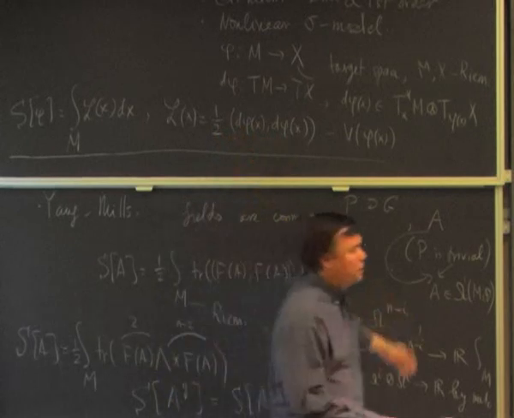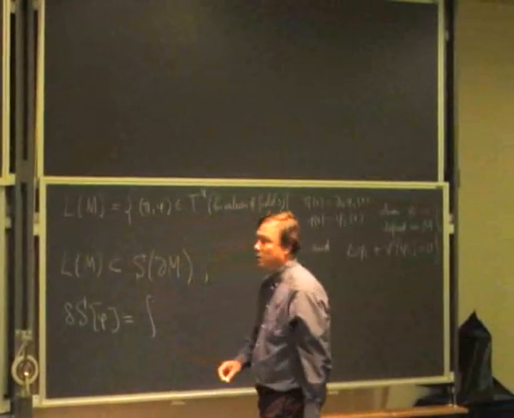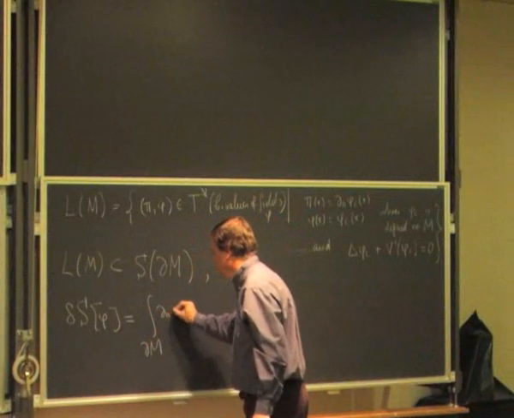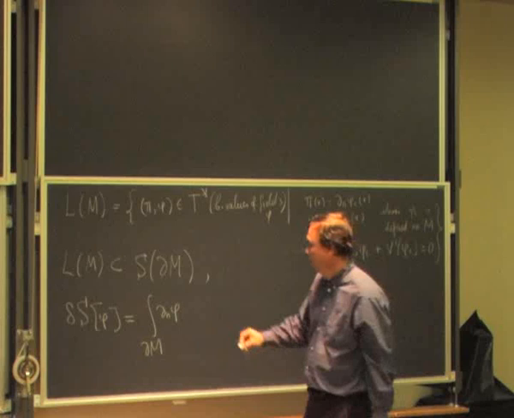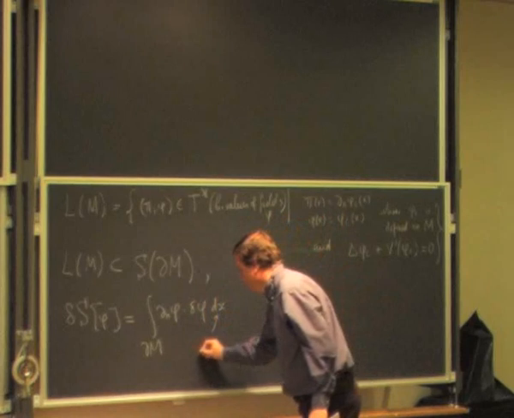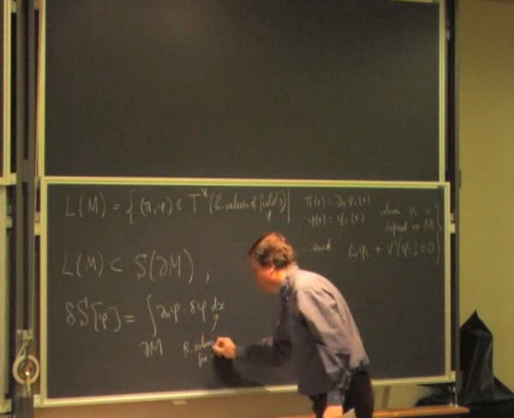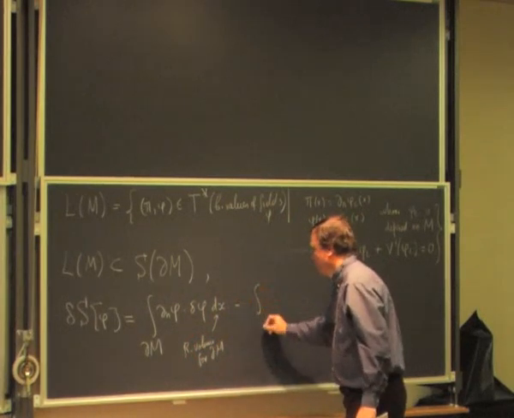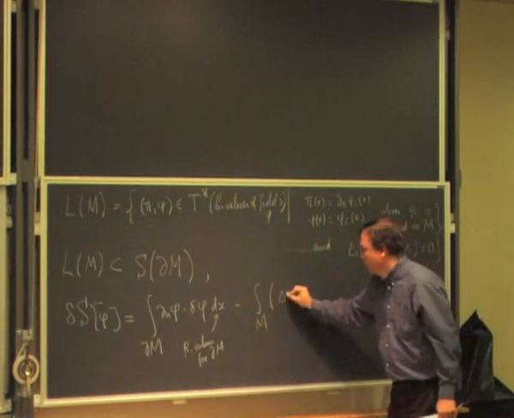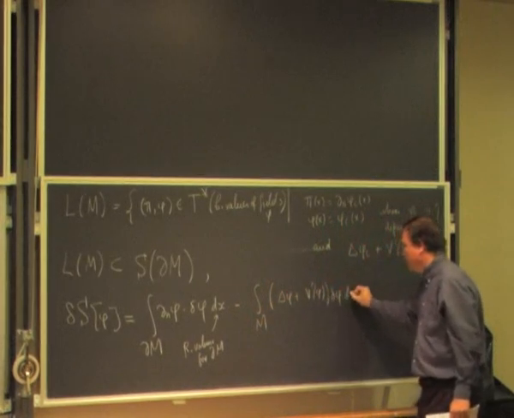When you use the integration by parts, as we discussed last time, there will be a boundary term, and the boundary term is the integral over the boundary ∂_n φ δφ dx, where this is the Riemannian volume form for the boundary, minus the integral over M, and then δφ plus ∂'φ δφ dx.